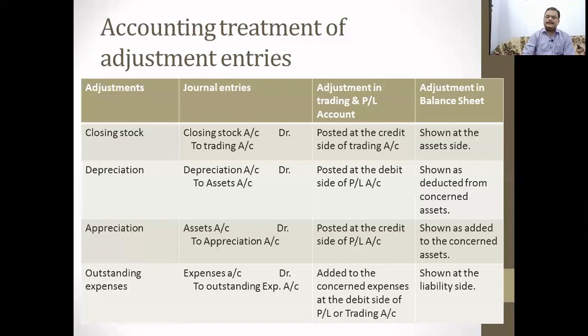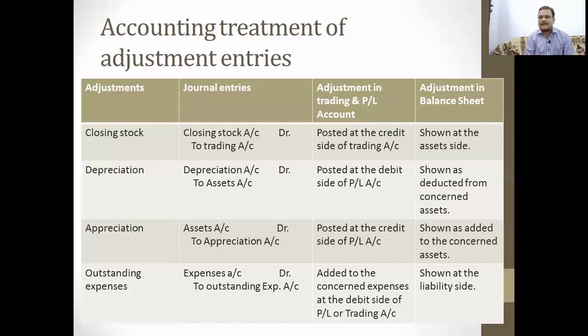Then you have to show at the asset side land amount 1 lakh plus 10,000, that is 1 lakh 10,000 as net value of that particular asset, that is land. So this is called appreciation and the treatment of appreciation.